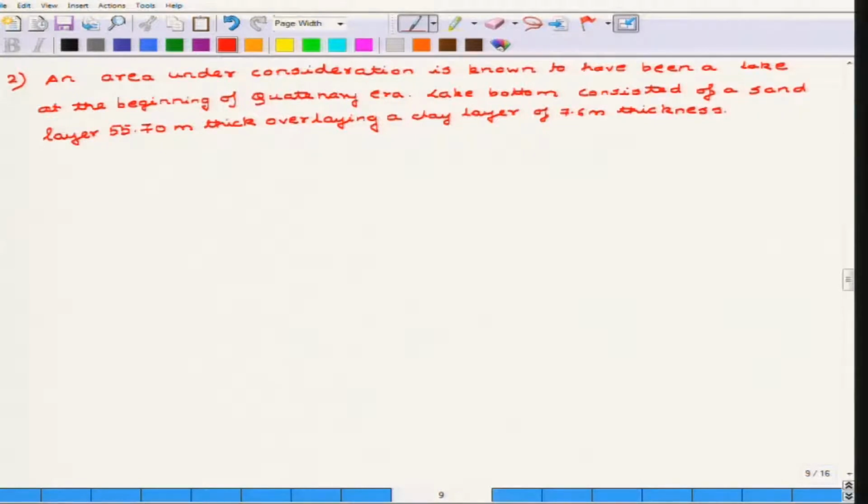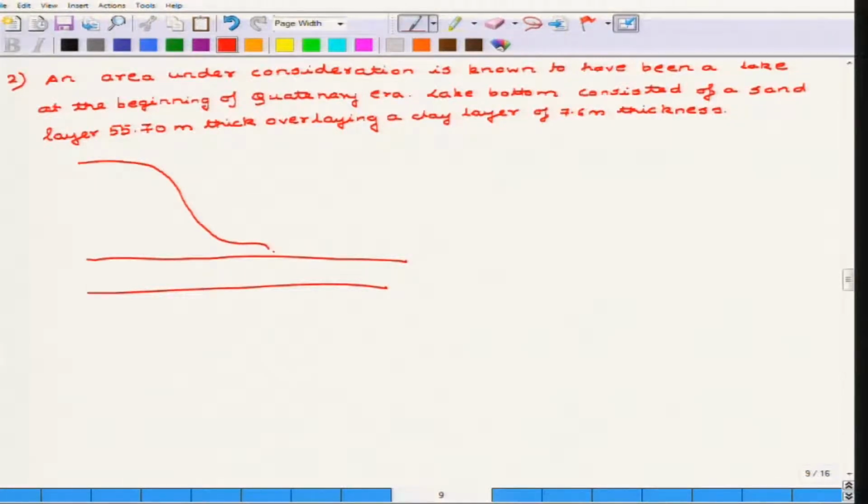Now let us see the diagram, how it looks. This is how it looks. And this is where the present water table is, and a building is constructed here. So this is, let us say, the lake bottom.